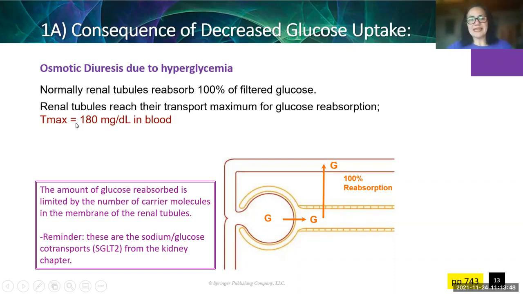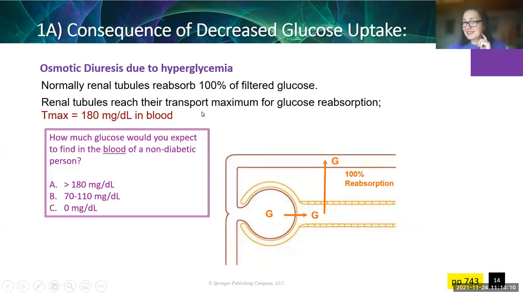It maxes out at 180 milligrams per deciliter, well above 110, the upper limit of normal. So when somebody has glucose showing up in their urine, it's because their blood glucose is well out of the normal range.